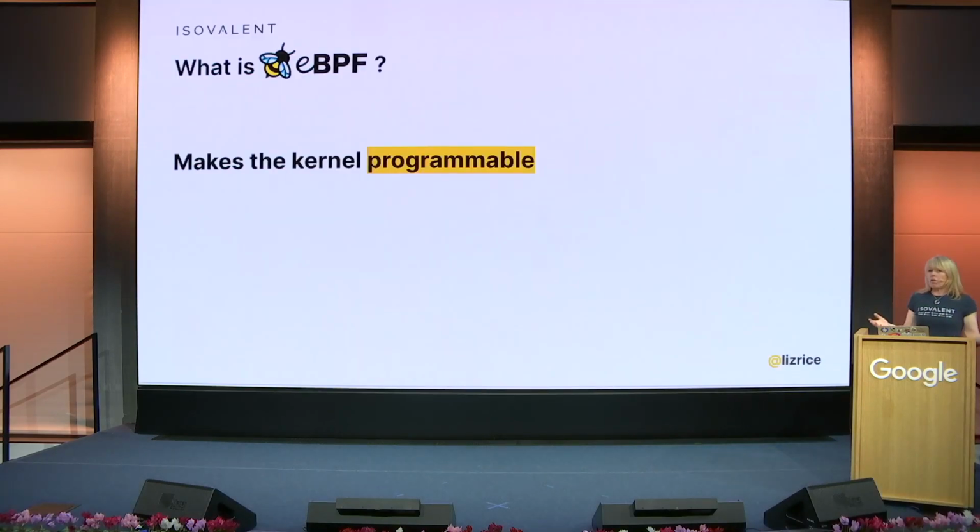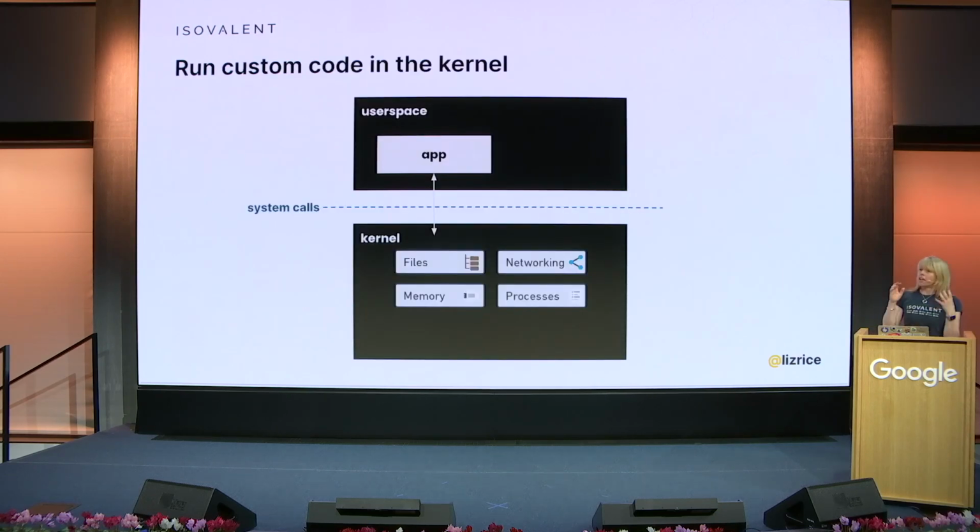So you all know that eBPF allows us to dynamically program the kernel. We can change the way the kernel behaves on the fly. Let's just pause for a second and make sure everybody's on the same page about what we mean when we say the kernel. The kernel is the bit of the operating system that coordinates with hardware. It interfaces to any hardware. If you're writing an application in user space, you can't access hardware directly.